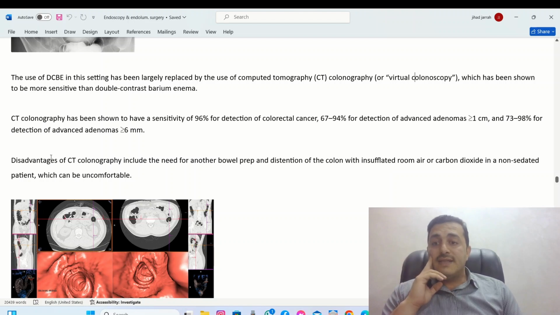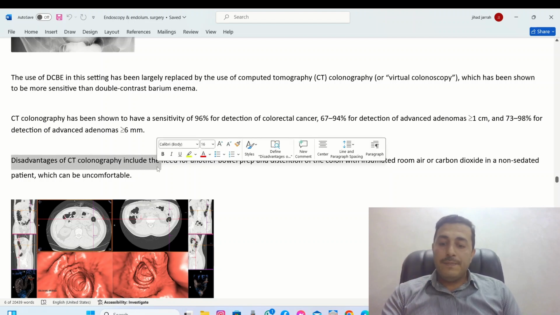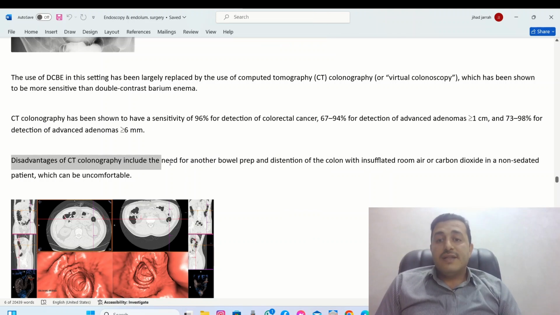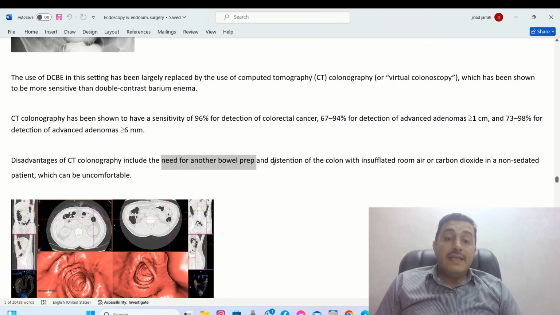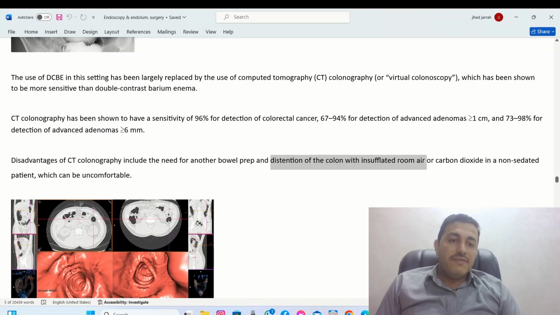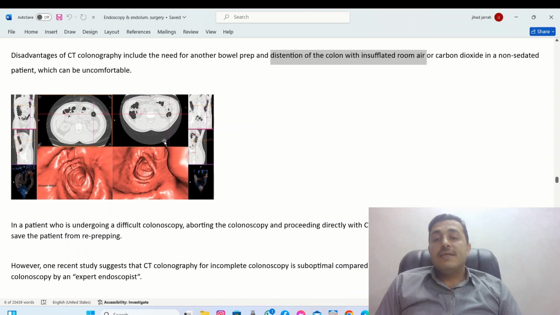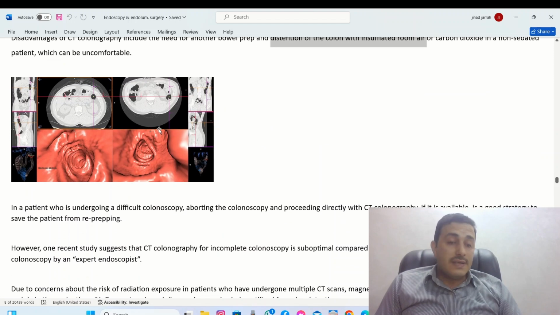You see here the disadvantages: the need for another bowel prep, and it needs distending the bowel with insufflated room air or carbon dioxide. This is how the CT colonography or virtual colonoscopy looks.